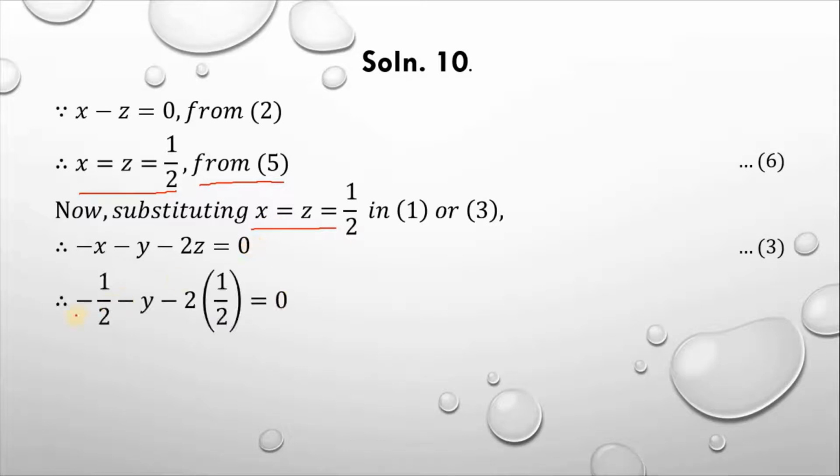So substituting this, you can write half in the place of x and half in the place of z. Then you'll get minus half minus y minus 1, because you know this will get cancelled, you are just dividing. Then you'll get the value of y.